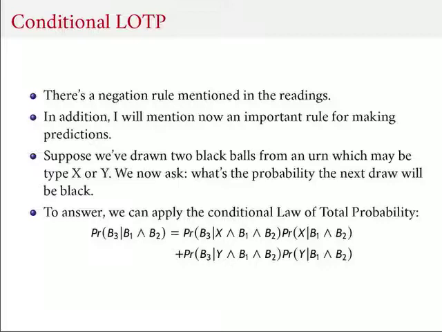Now finally, I want to mention an important final rule, which can be used for making predictions about future evidence or future observations. Okay, so Bayes' theorem in the applications for today with multiple pieces of evidence, or in the applications from last week with just a single piece of evidence, Bayes' rule tells you to what degree should I accept this hypothesis given this evidence?